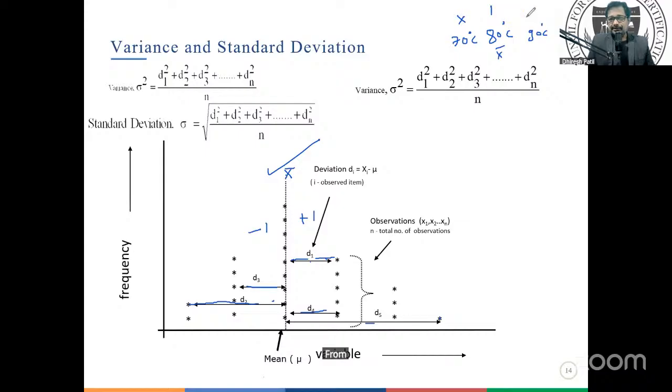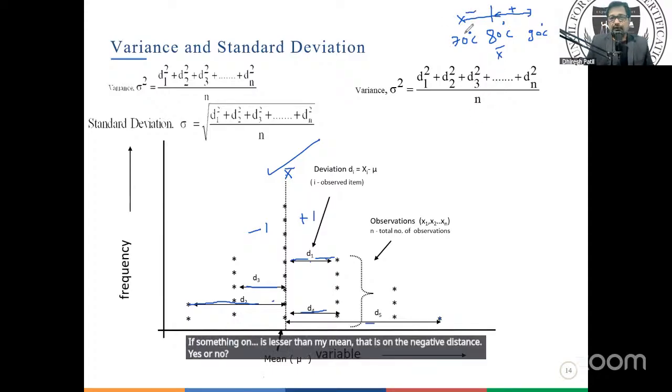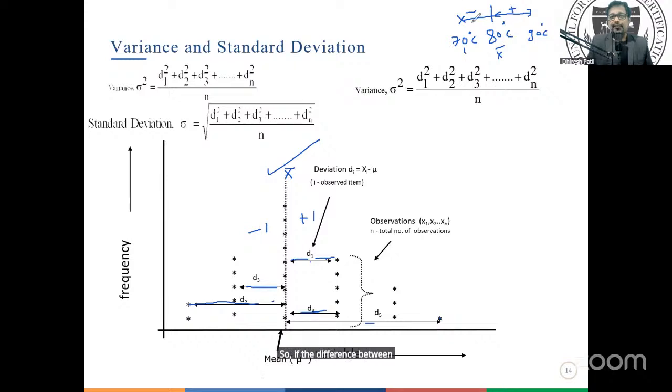From my mean, if something is greater than the mean, that will be a positive distance. If something is lesser than the mean, that is a negative distance. The difference between 70 and 80, 70 minus 80, will be minus 10 degrees centigrade. 90 minus 80 will be plus 10. Are you understanding? Plus and minus, simple. On the left hand side it's minus and on the positive side it's plus.